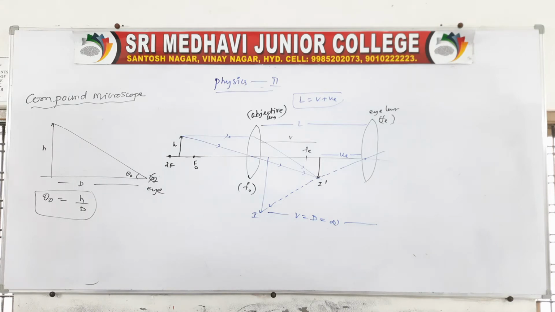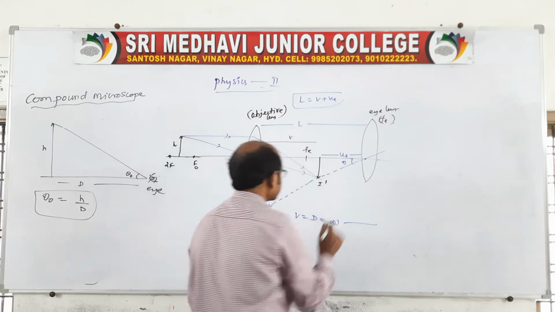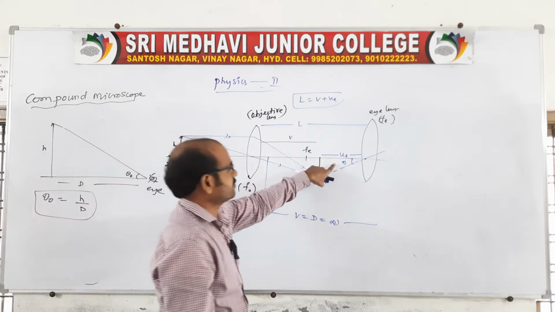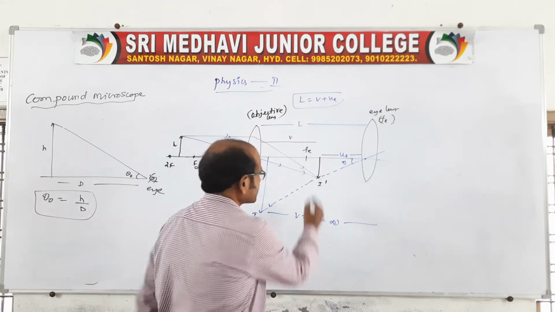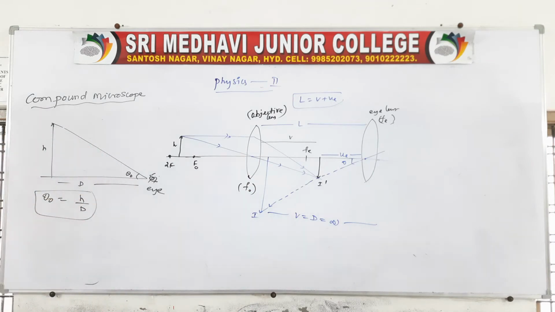It is a virtual image, and it makes an angle here, which we call theta, because theta naught is related to the case without any optical instrument, and theta is the angle with the instrument. So this is the object and this is the image. Of course now we have to write the same situation using the information which is given.